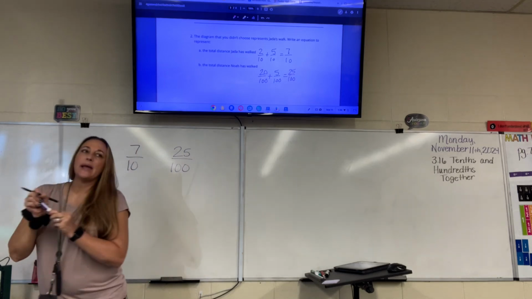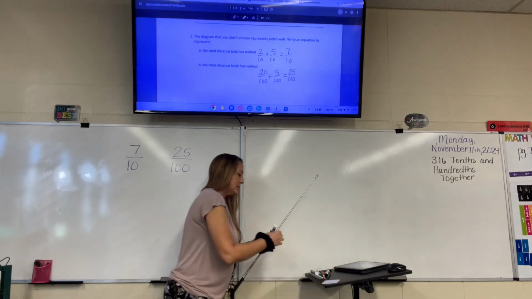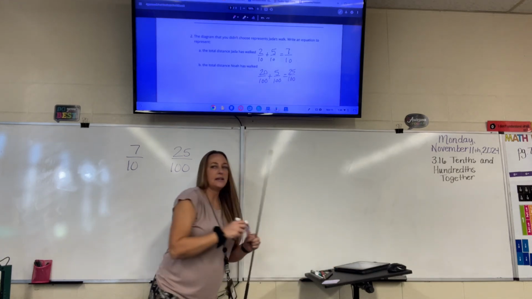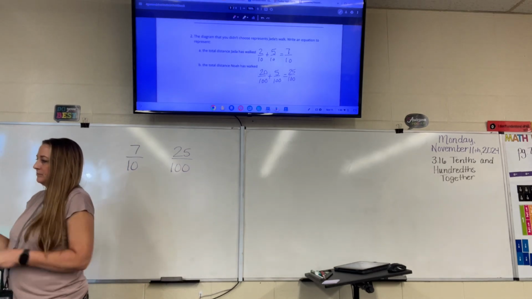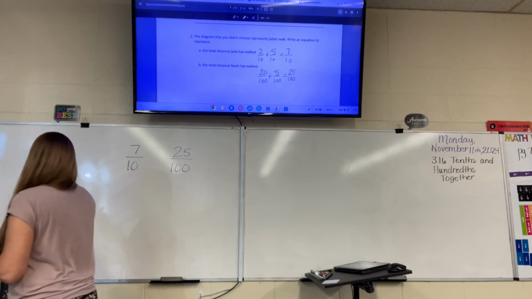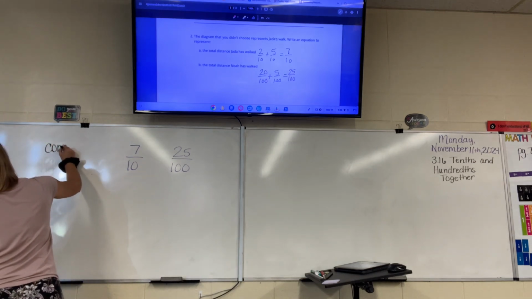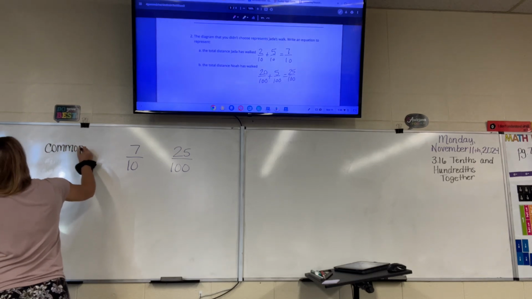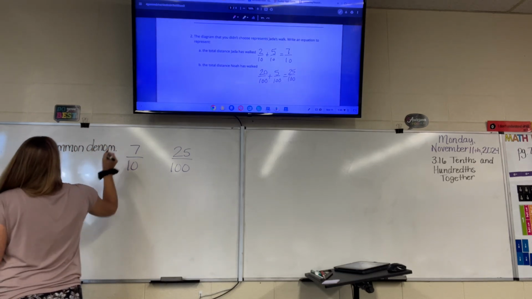Who can raise their hand? There's 3 ways that we've learned to compare fractions. Who can raise their hand and tell me one of the ways? Cameron? You can put a common denominator. Yeah. Common denominator. Nice job, Cameron. Common denominator is one of the ways we learned to compare fractions.